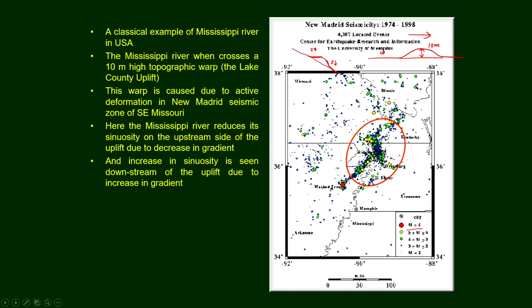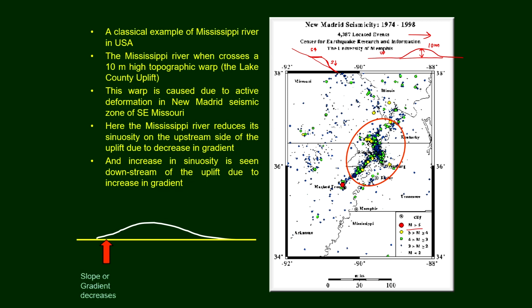So, if the channel is flowing here, you will have a decrease in sinuosity, and then when it crosses this area, you will again have an increase in sinuosity. Let us see that part here.